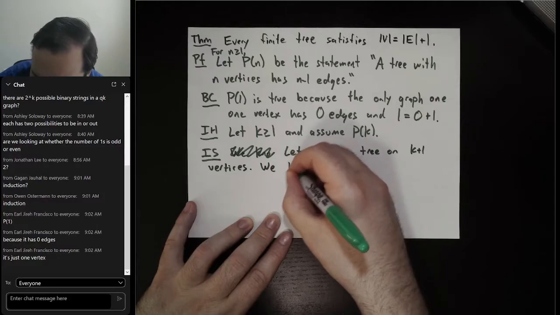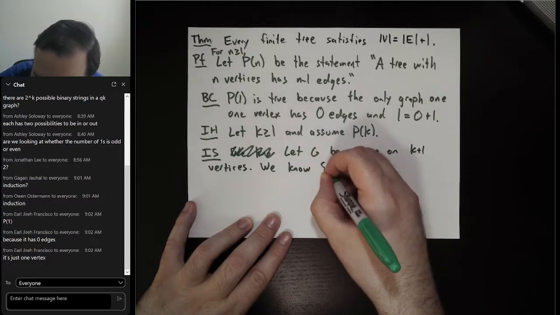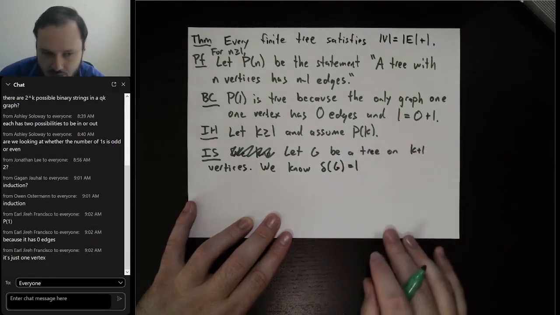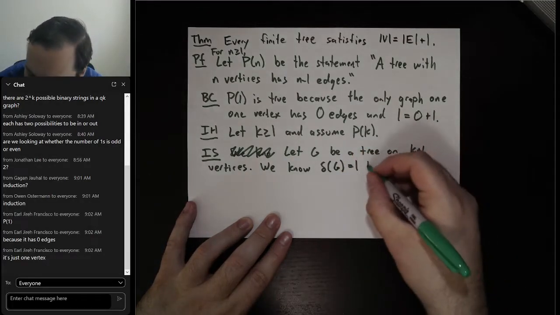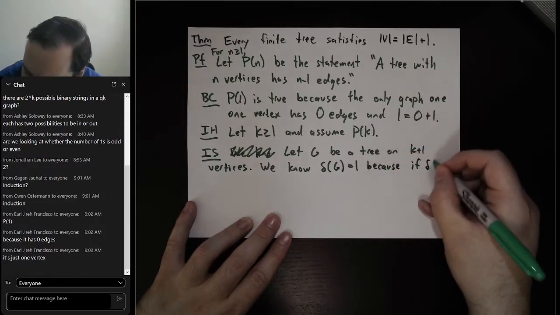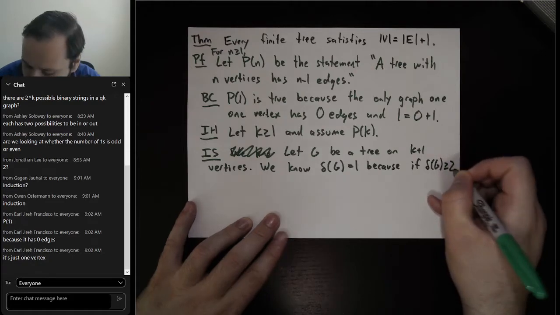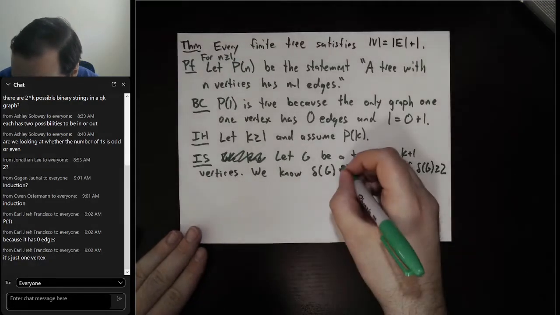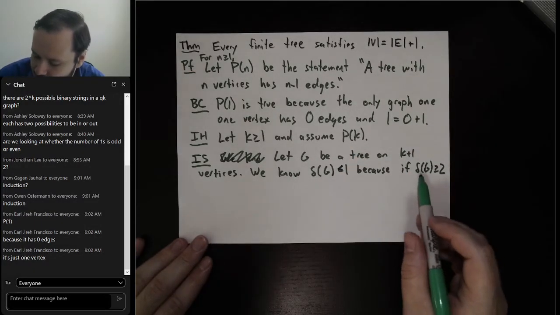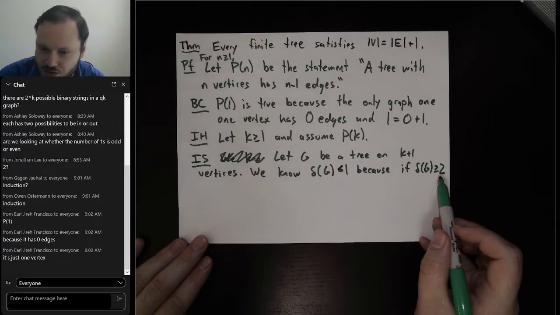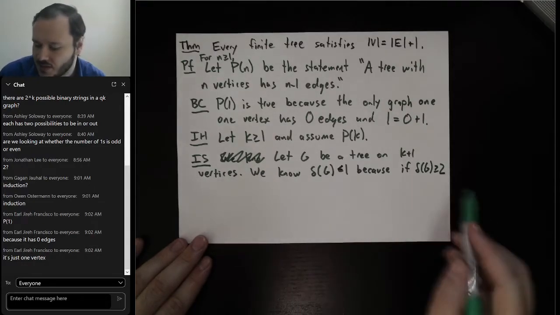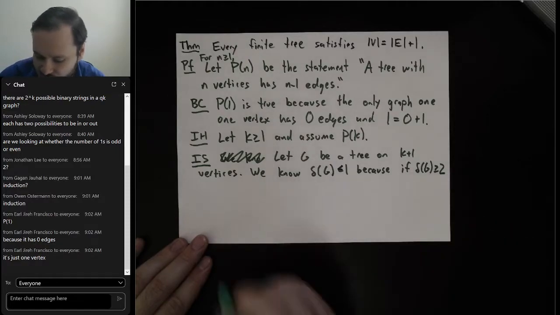We know that the minimal degree of G is equal to 1, because if the minimal degree of G was greater than or equal to 2, we proved a theorem last time that this means G contains a cycle.